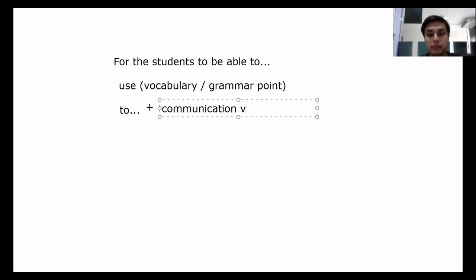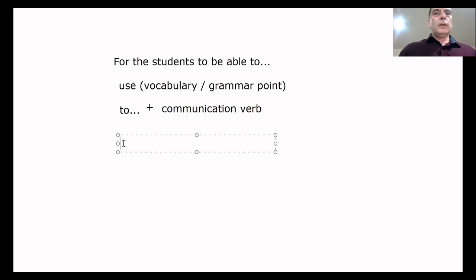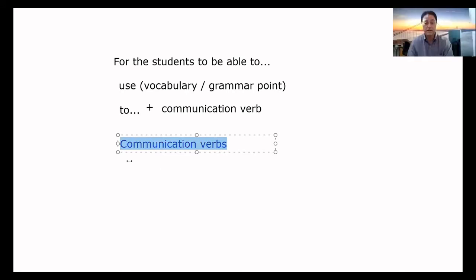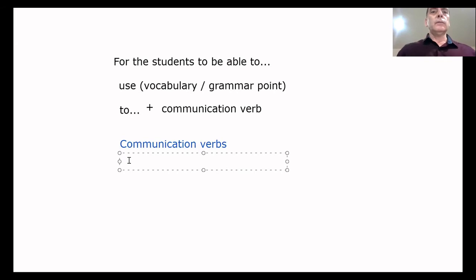So let's have a look at some communication verbs that we can use. What communication verbs can you think of that we could use? Talking, speaking. Okay, talk. But we do want to mention our topic as well.